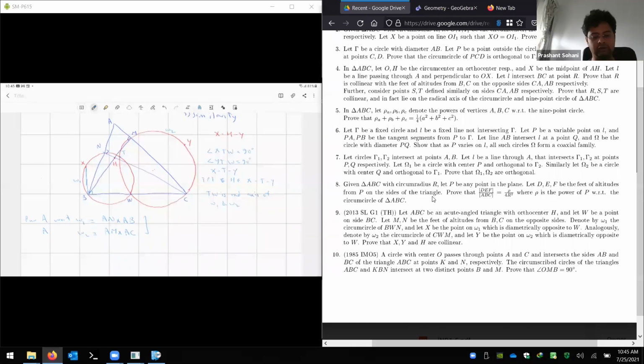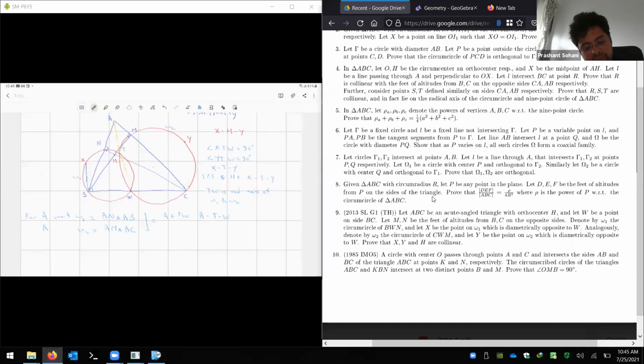Yes, this is again the orthocentric configuration, right? The feet of the altitudes. So B, N, M, C is a circle. So these are equal. Therefore, A has the same power with respect to both omega 1 and omega 2. So where should A lie? On the radical axis. Correct. So A lies on the radical axis, which is TW. So basically A, T, W are collinear, which roughly seems to be the case from our diagram also.